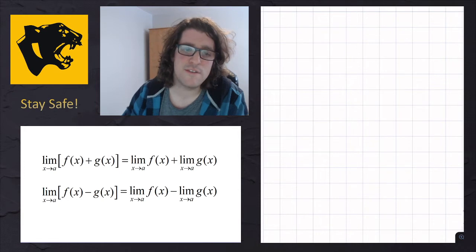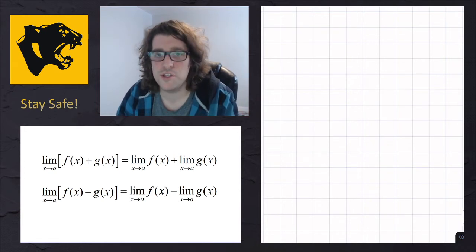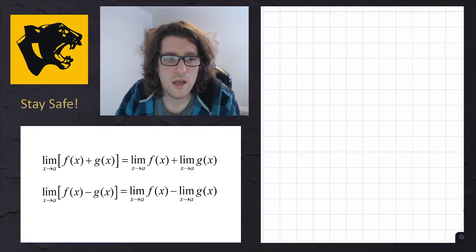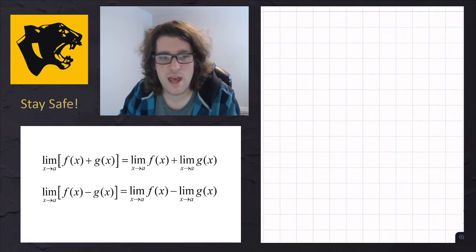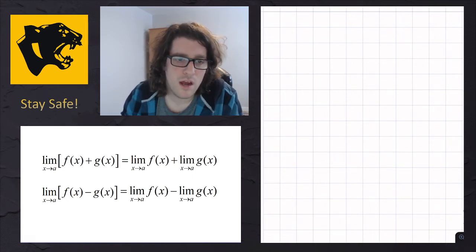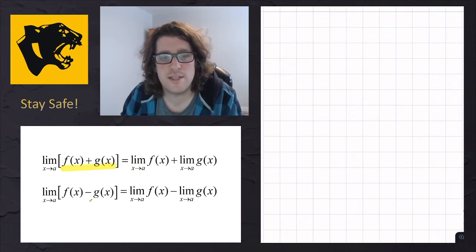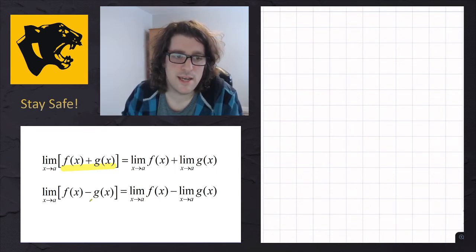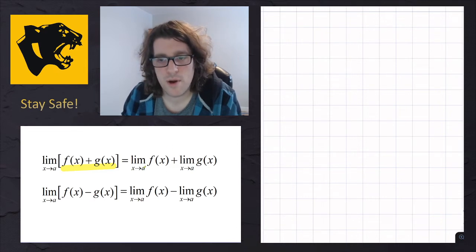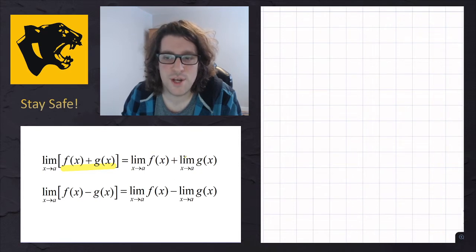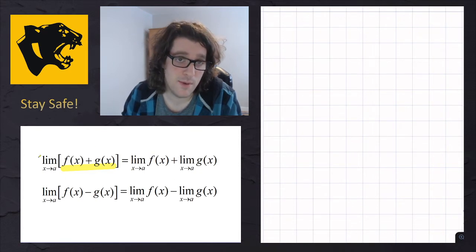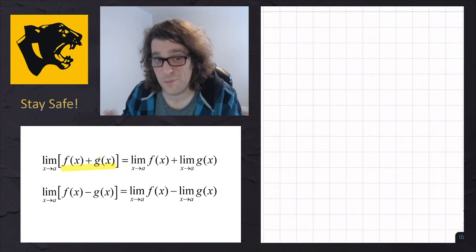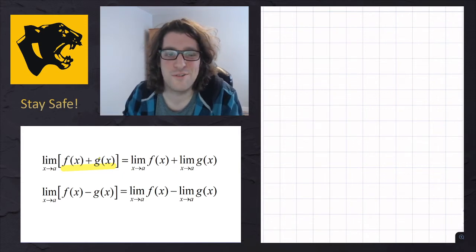So what this is saying is if you have a combined function by the addition operation, so we have a function in brackets there that is f of x plus g of x, and you would like to take the limit of it, if you split this apart into two graphs and look at the limit of each of them, the sum of those limits is the same as the limit of the graph that's the sum graph, or the overall added graph, which makes sense.